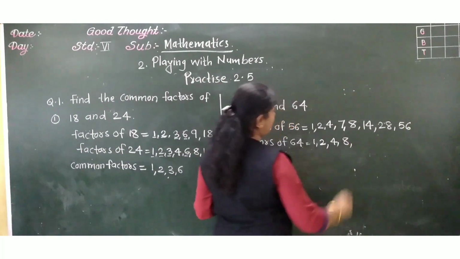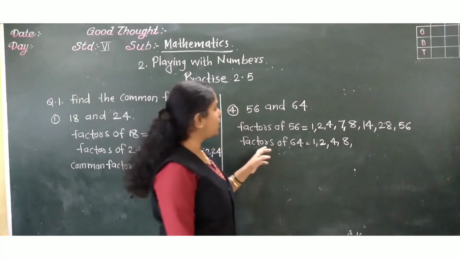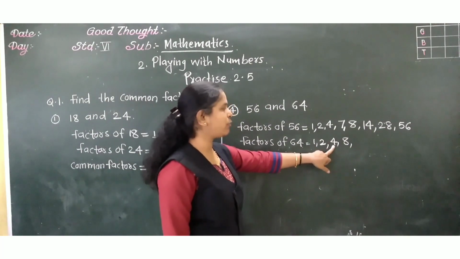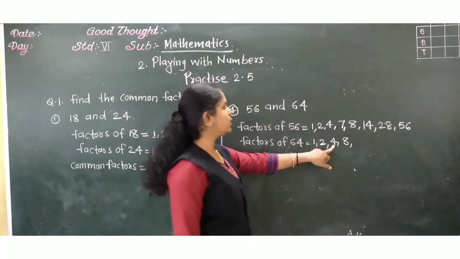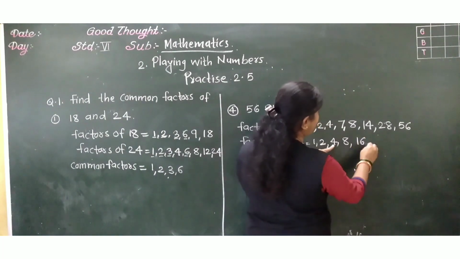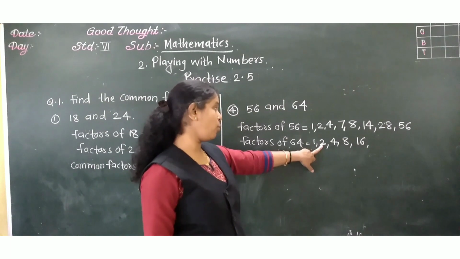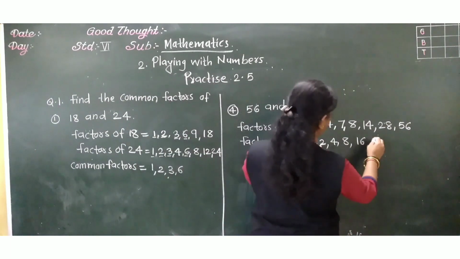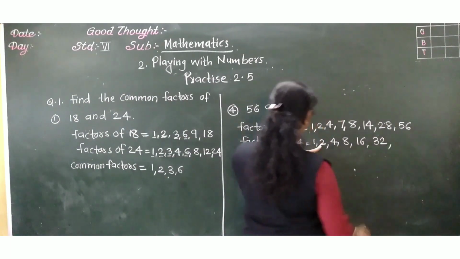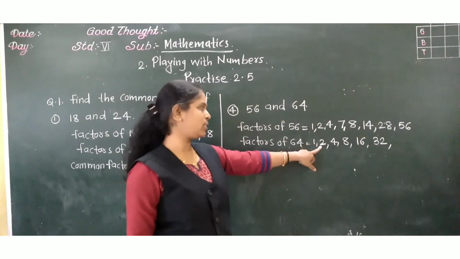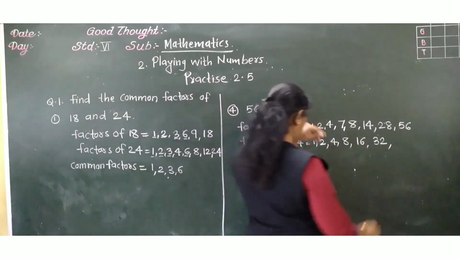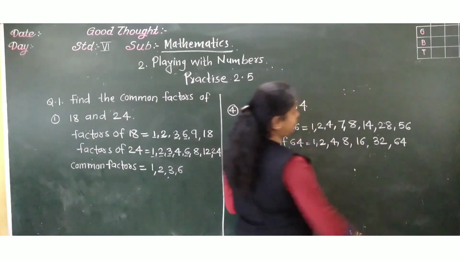Yes. After that, see here, how many 4s are 64? Can anyone tell? 16. So after 8 in 16 table, it comes. How many 2s are 64? 32. 32 2s are 64 and 64 1s are 64.